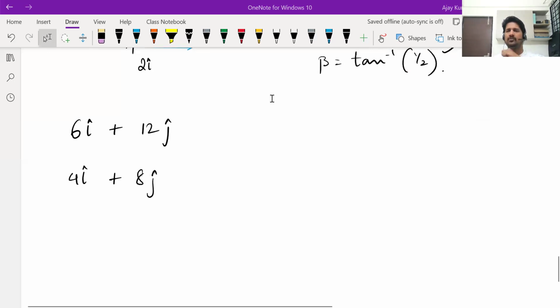Are these vectors pointing in the same direction? You can use the ratio idea, or if you are comfortable with visualizing angles, find out the angle made by the first vector, find out the angle made by the second vector, and check if the angles are equal.